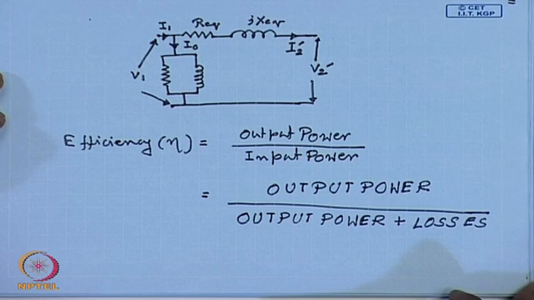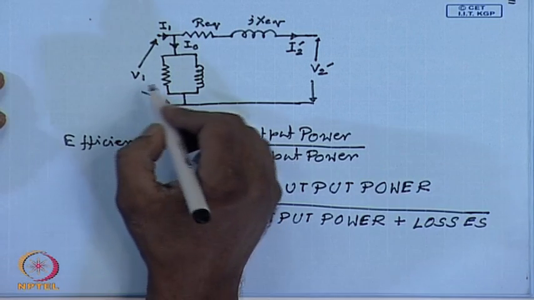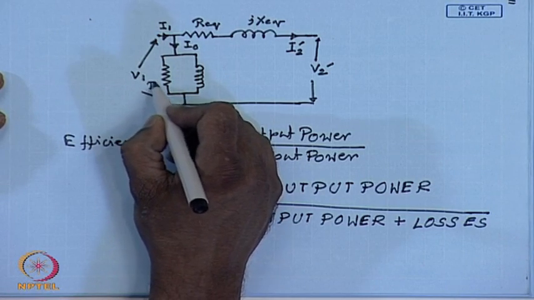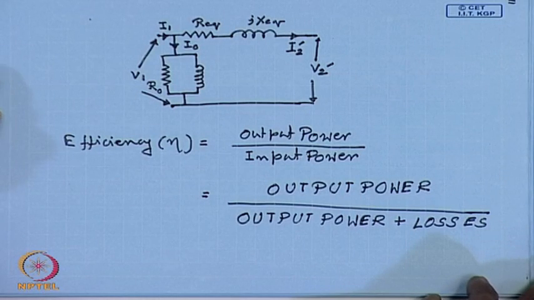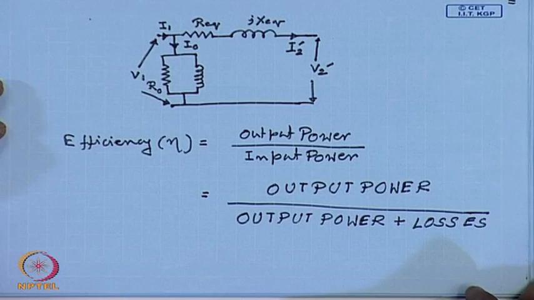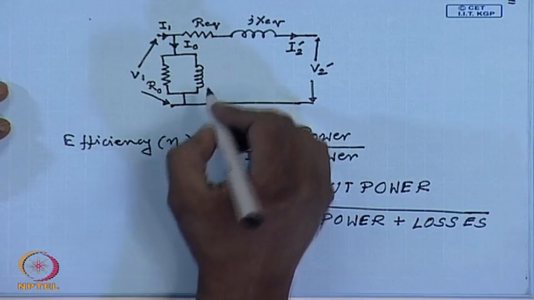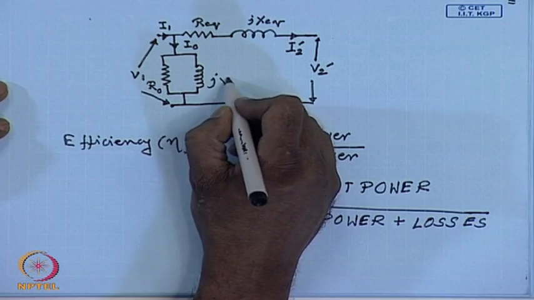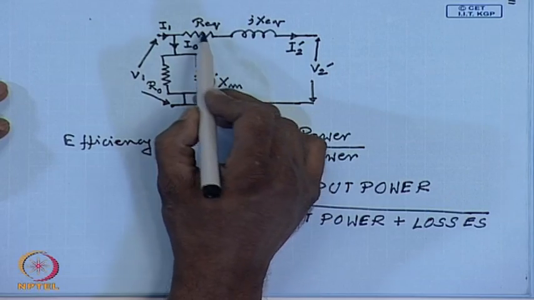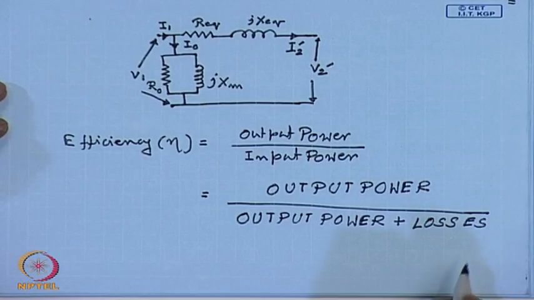Now, what are the different losses that can occur in a single phase transformer? We have seen the first element is the core loss resistance. This is the loss due to hysteresis and eddy current, and in the equivalent circuit we represent it by a resistance. And the second major loss that can occur is in the winding resistances Req.